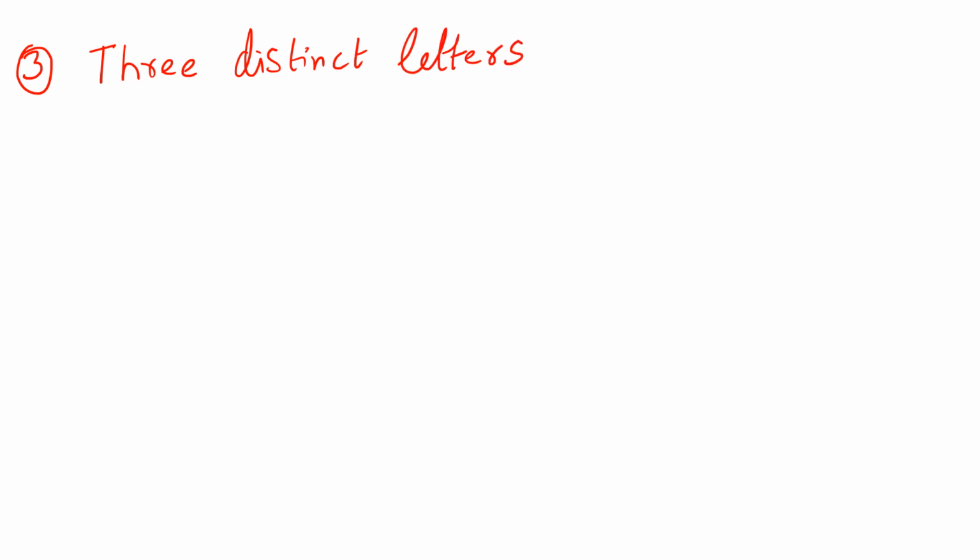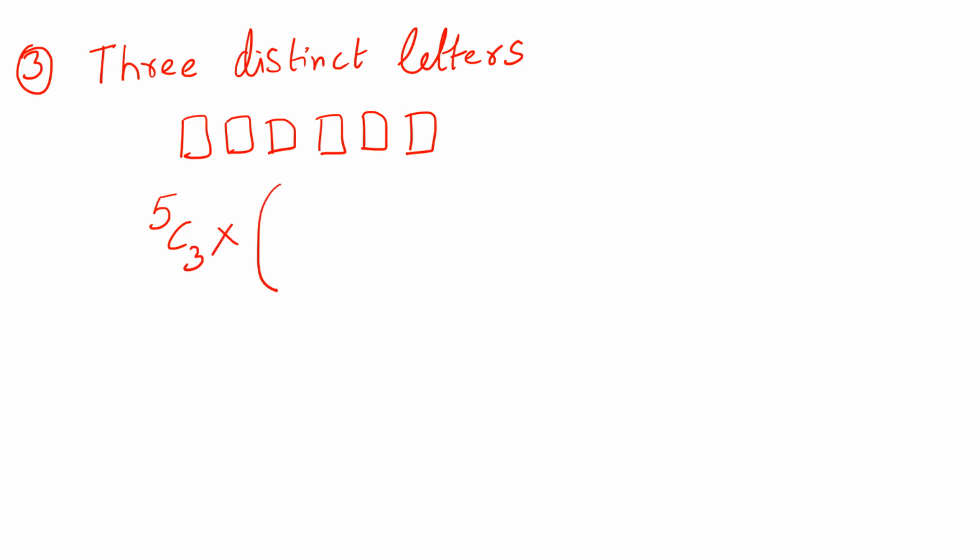Now students, in the third case, we will form a 6-letter word by using 3 distinct letters. So clearly, each of these 3 distinct letters will be written 2 number of times. So it becomes 5C3 into, inside the bracket, factorial 6 divided upon factorial 2 into factorial 2 into factorial 2.